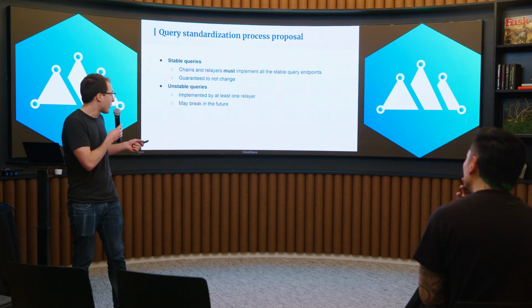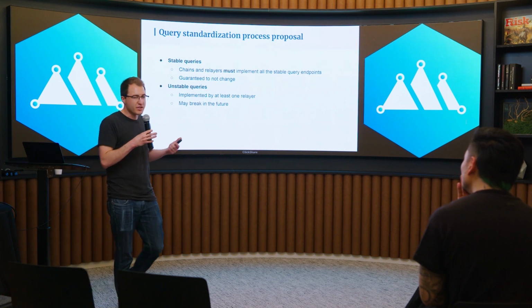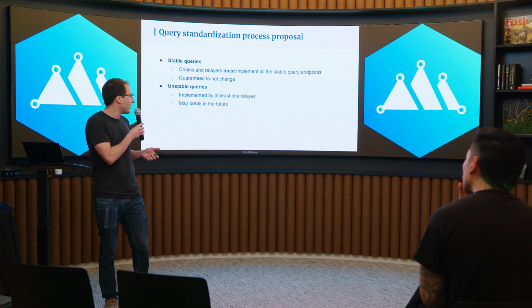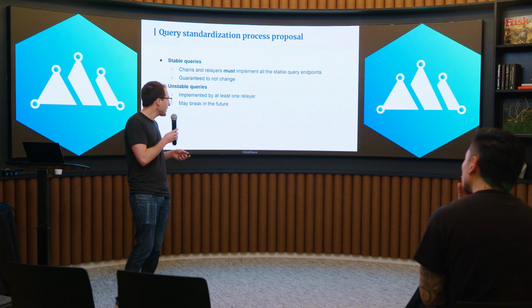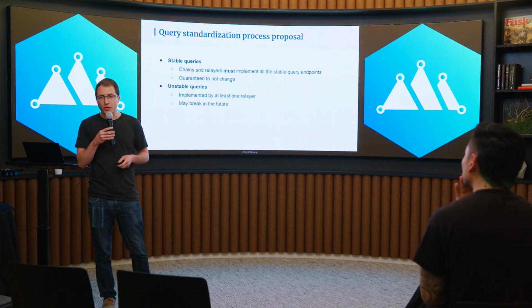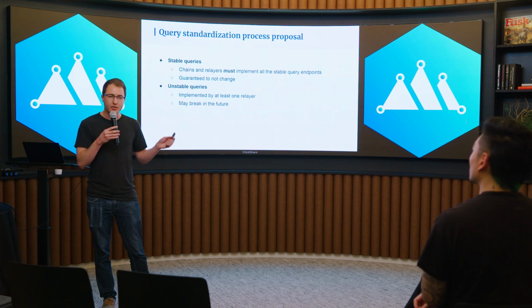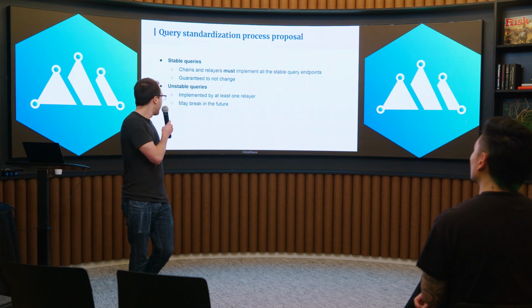Those stable queries are the ones that are guaranteed to not change, and maybe the semantics we have with those is a compliant IBC relayer would implement all the stable query endpoints, and same for chains. And what that means is, if you do implement all these query endpoints, you can pick up any relayer, and it's just going to work. No matter what your backend consensus engine is, it's just going to work.